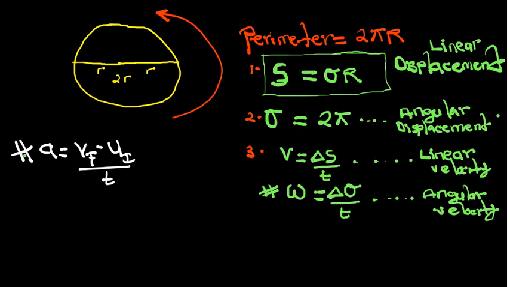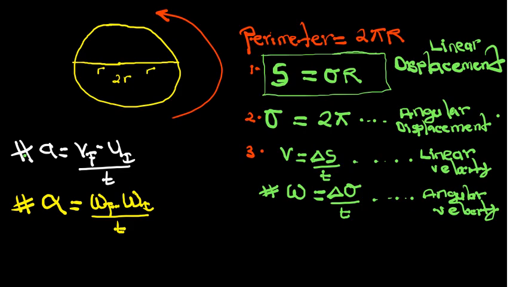With respect to objects that are moving in a circular position, we're going to describe it in terms of angular. So angular acceleration is referred to using alpha, and it is given by the angular velocity, omega final minus omega initial, divided by the time.